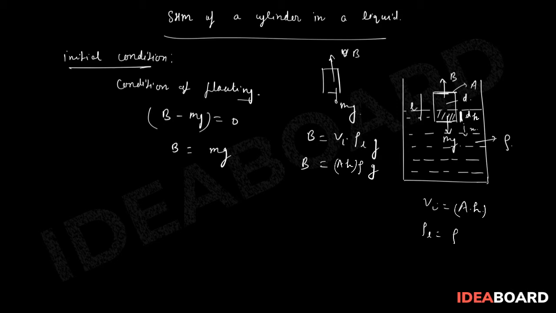So we got A h rho g is equal to mg. From here mass can be written as rho A h. Perfect.